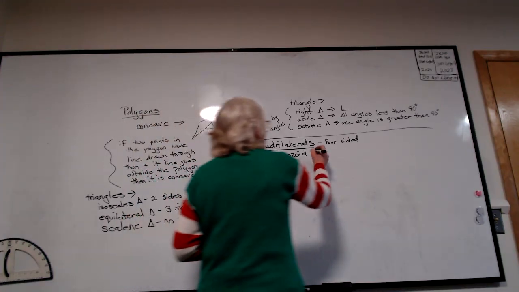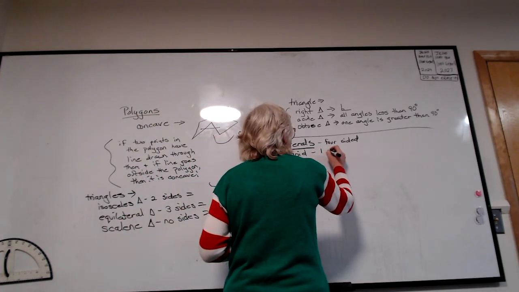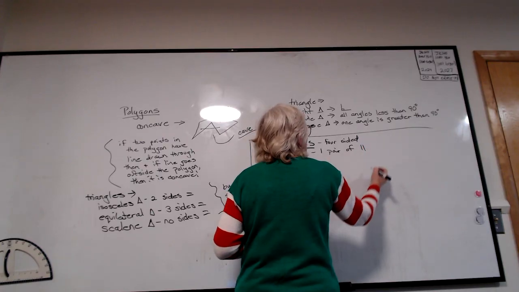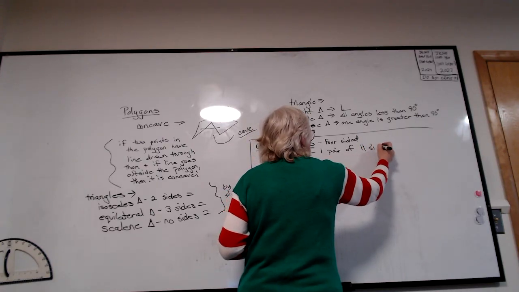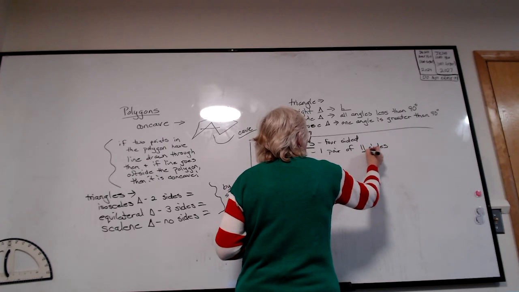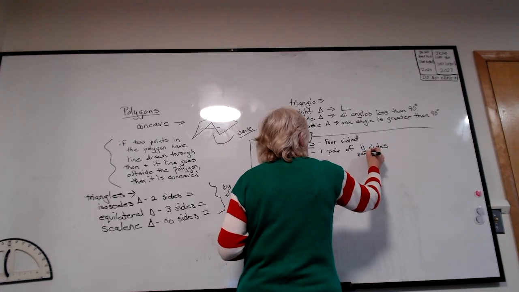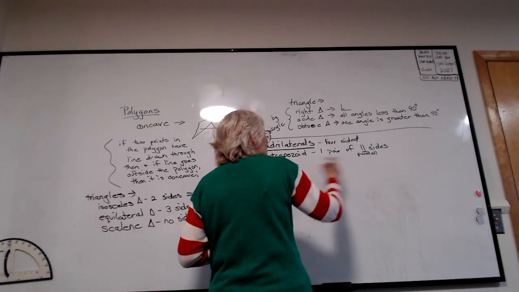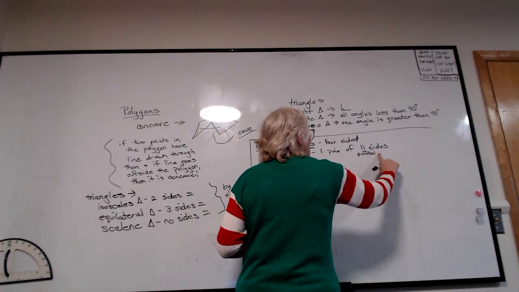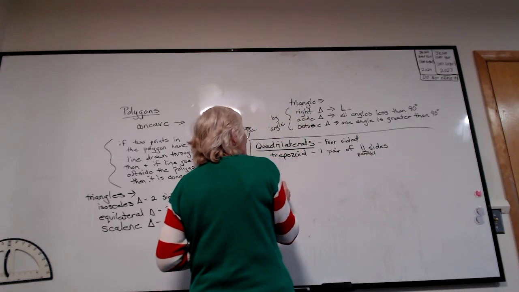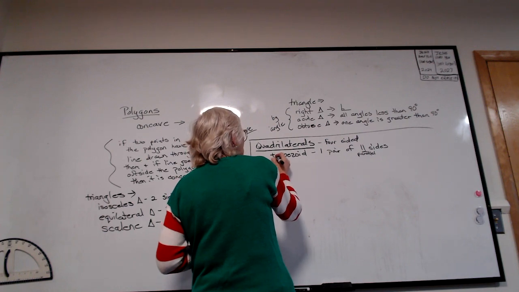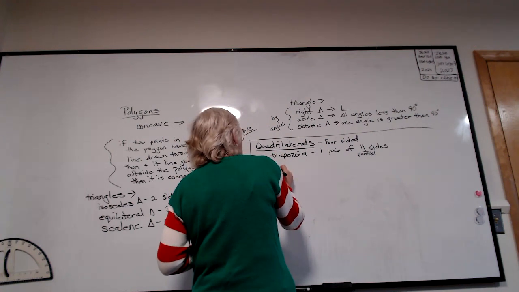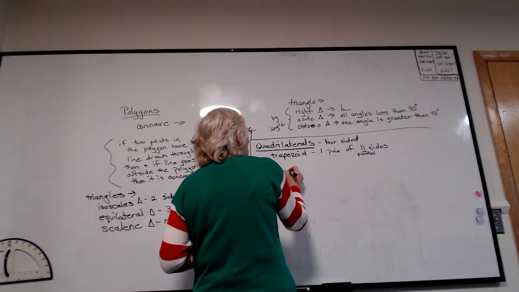Yes, it's one pair of parallel sides. This is a symbol for parallel. Okay, so under a trapezoid, we have what's called a parallelogram.